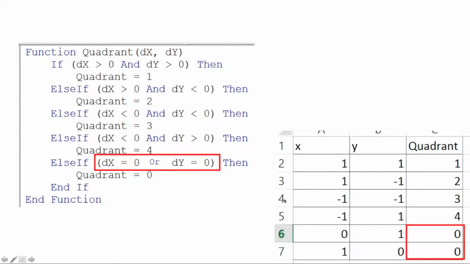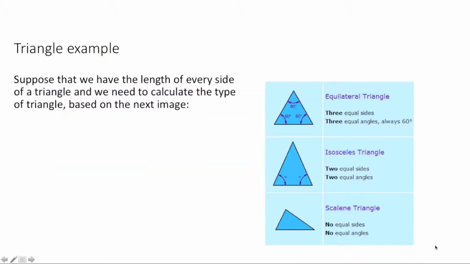So it's better to have another else if with the condition for x equals 0 or y equals 0. In both cases, it doesn't matter if it's x 0 or y 0, we assign the quadrant to 0. That is better because it's a more explicit solution.